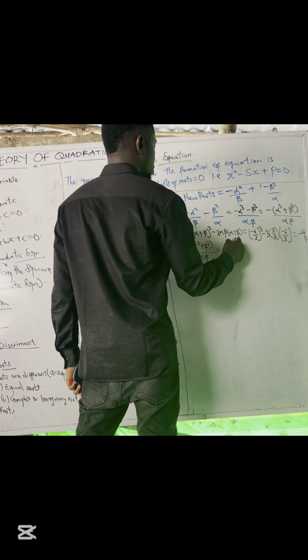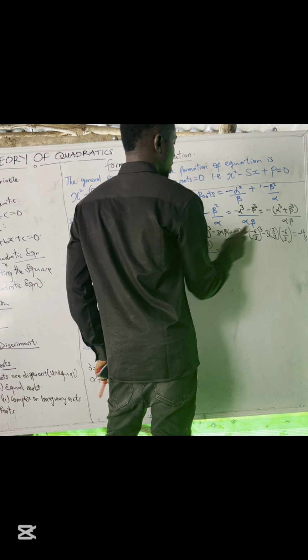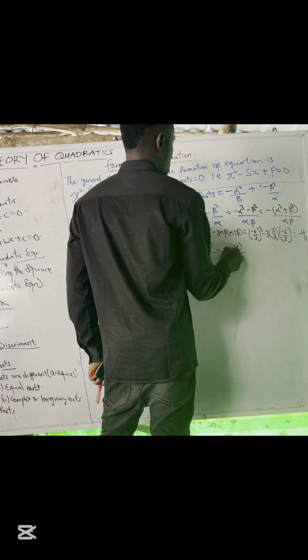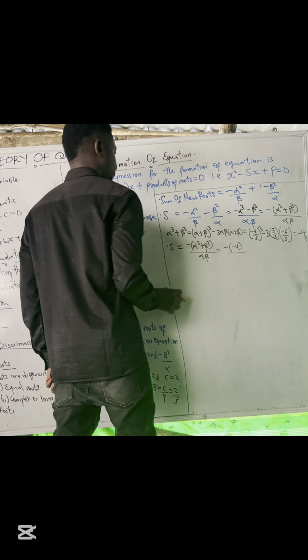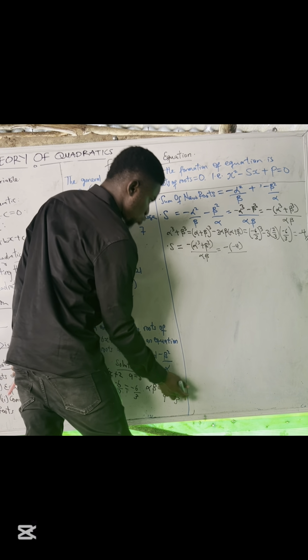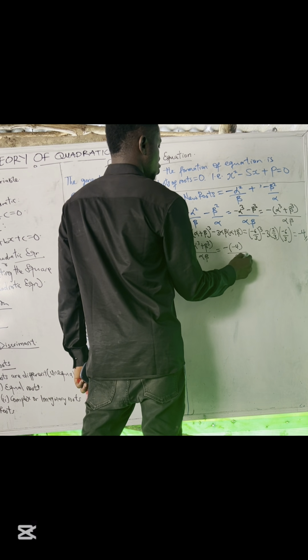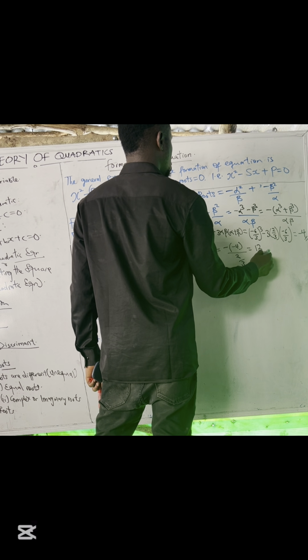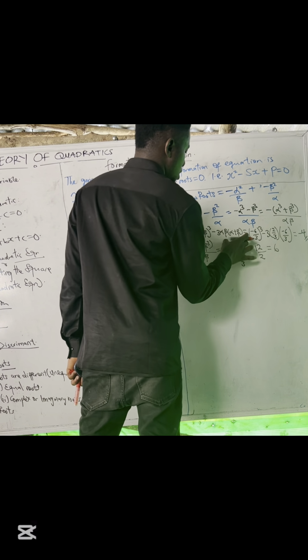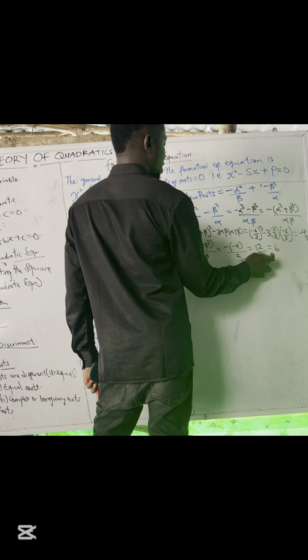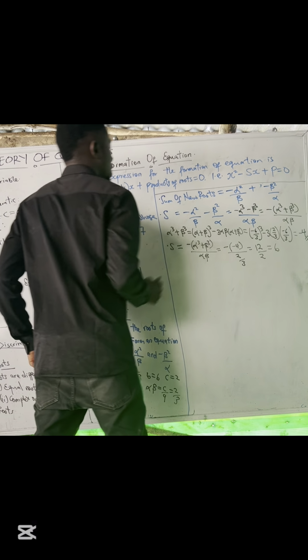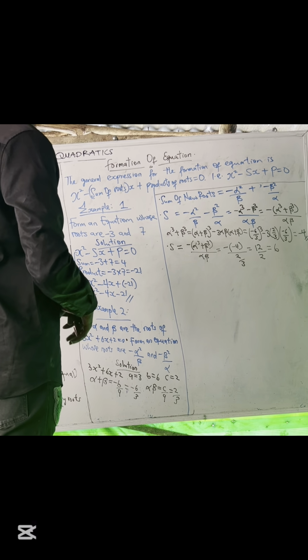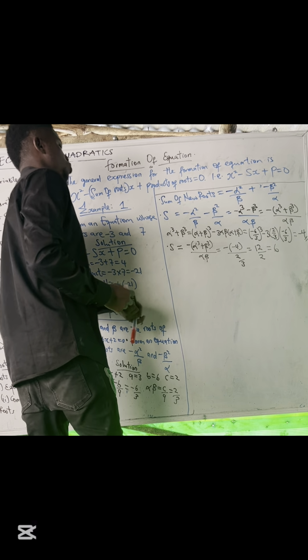That will then be minus, our alpha cube plus beta cube, that is minus 4, all over our alpha beta. Our alpha beta is 2 over 3. That's equal to 12 over 2, and that's equal to 6. If you express this, you will get 12 over 2, and this gives you 6. Therefore, guys, we are done with the sum of new roots. We will also look for the product of new roots.